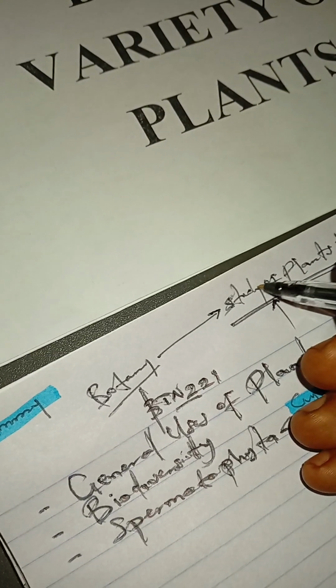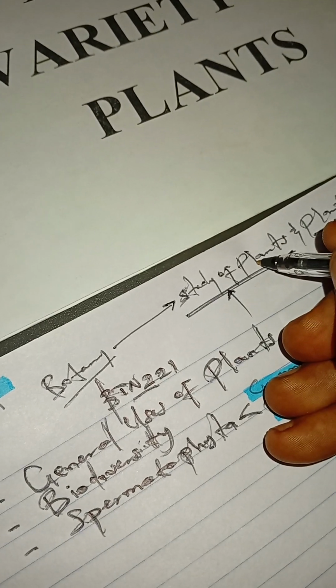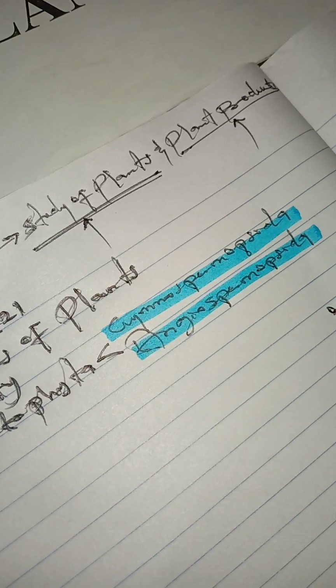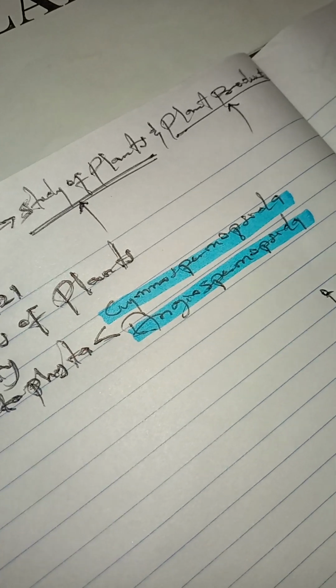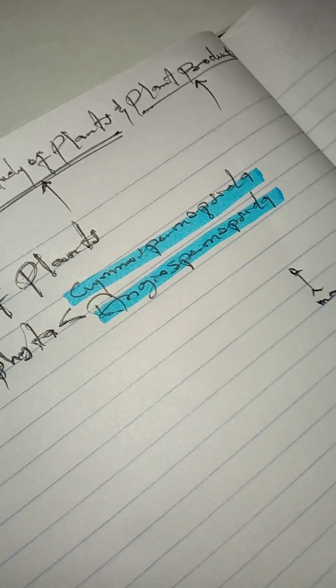Now, you cannot study a thing without having factors for studying that thing. For instance, if I want to study man, let me say a particular male, let me say I want to study Frank, a person whose name is Frank.